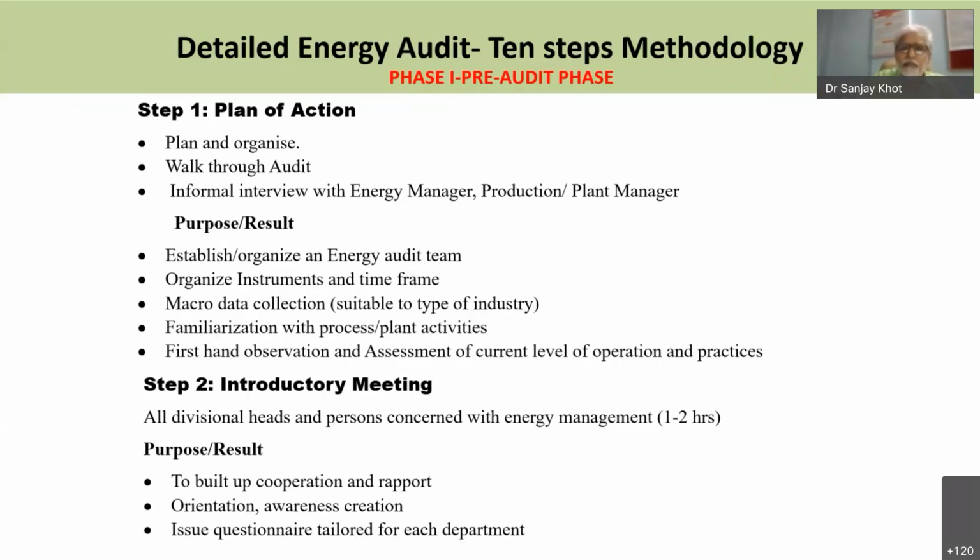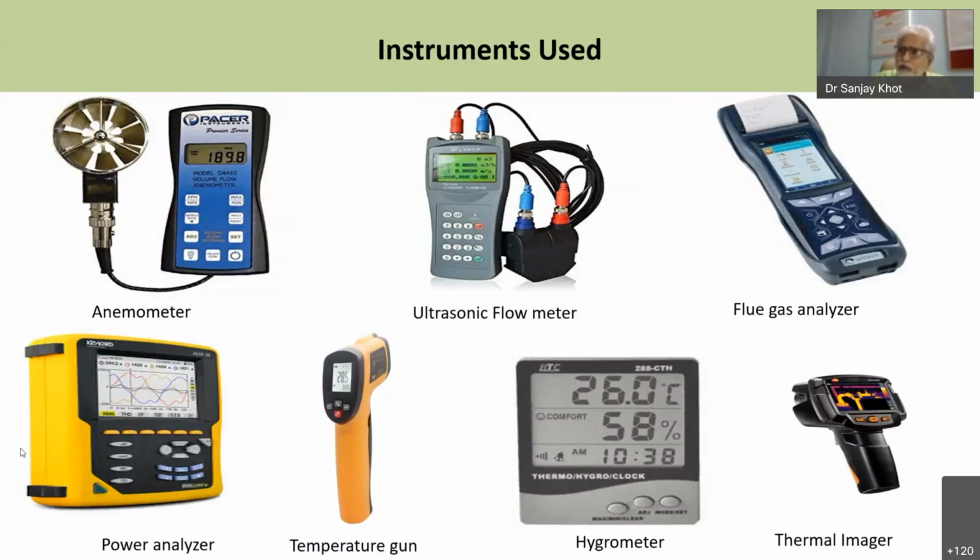These are the minimum instruments required to conduct the energy audit. The power analyzer is a very important instrument as far as the energy audit is concerned. All the electrical data can be continuously monitored and stored with this power analyzer. It is useful for single phase as well as 3-phase.